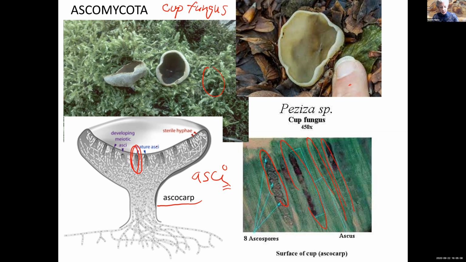So the inside surface of our cup fungus is going to be the tips of all of these asci coming together, right? So if we are looking at the inside, we're seeing the tips of these little structures. All right. So that is the sexual reproductive structure.